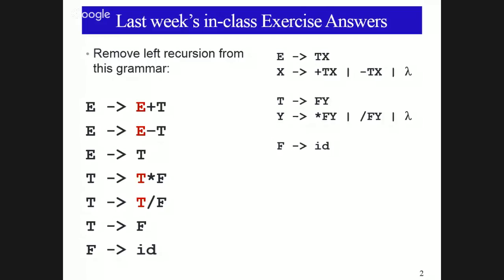There was one that was slightly trickier. This one, right over here: B goes to big B, AA, or big A, B, or lambda.